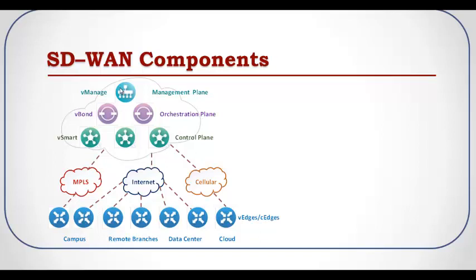These are the roles of these controllers. vBond's role is to authenticate. After that, to the edge device, it provides the location of the vManage and vSmart, using which the edge device will go and talk to the vManage and vSmart, from where the configuration is downloaded.